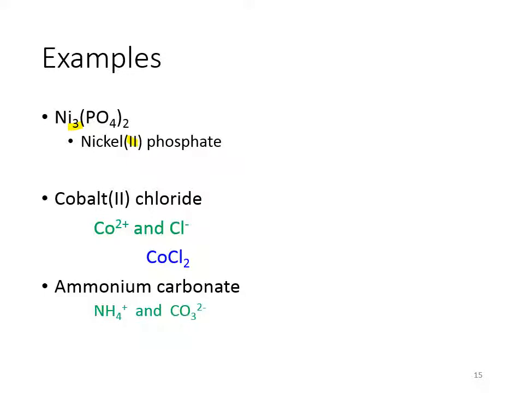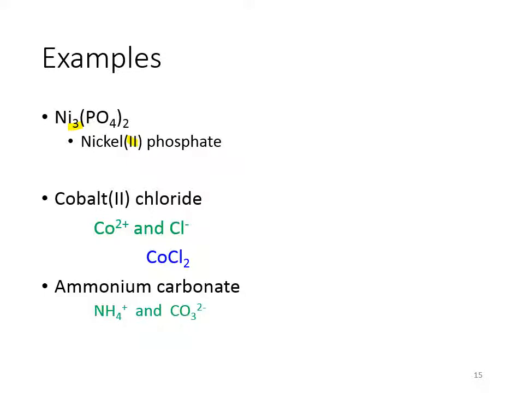Just like with any other ionic compound, we've got to balance out the positive and negative charges when we write the formula. To balance out the 2 negative charges from the carbonate, we're going to have to use 2 units of ammonium. When you have more than one of a polyatomic ion, you must put the formula of the polyatomic ion without its charge inside parentheses.